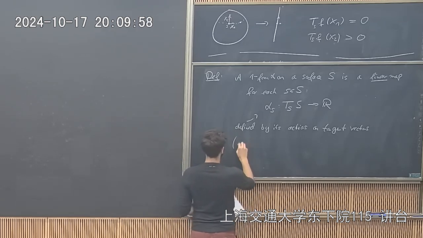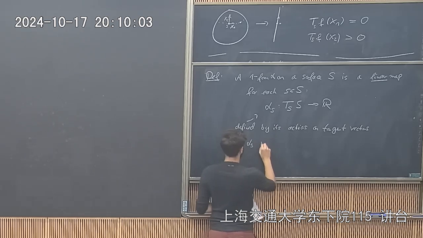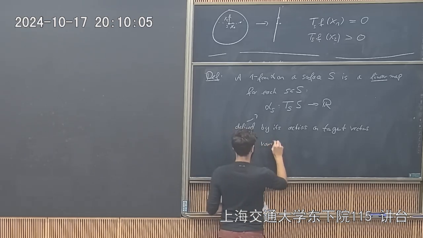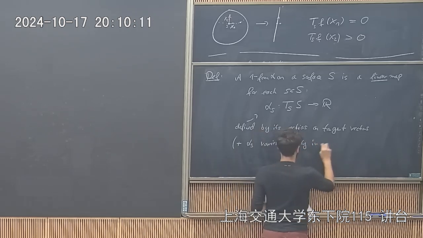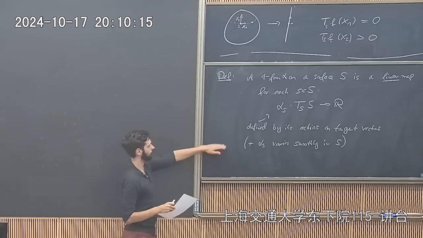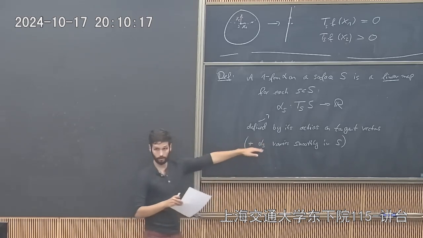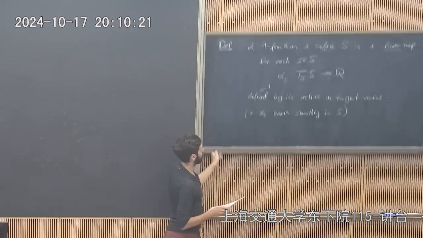And then we want a certain property, namely that alpha_s varies smoothly in s, but at the moment I will not make that precise. I will talk about that later next week, how to make sense of this smoothness.